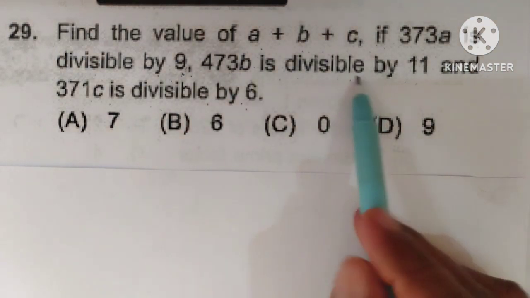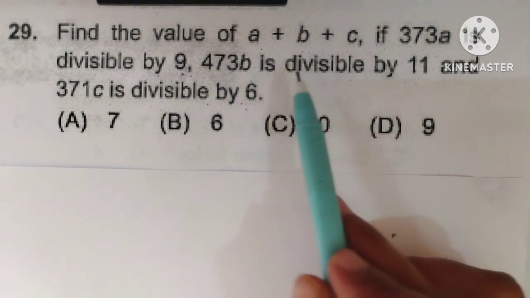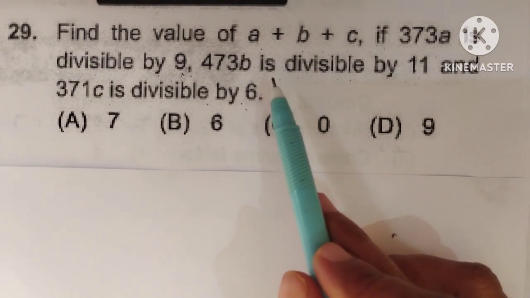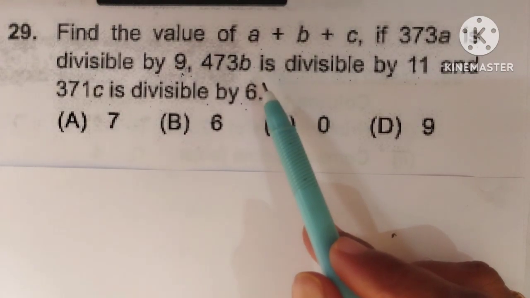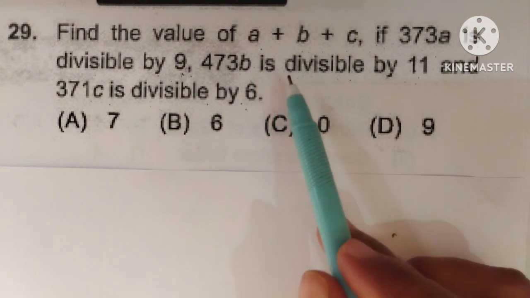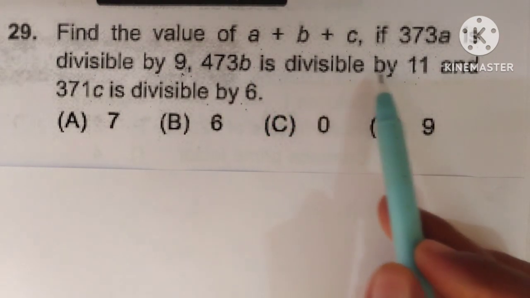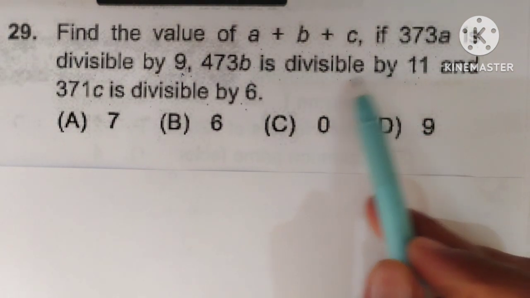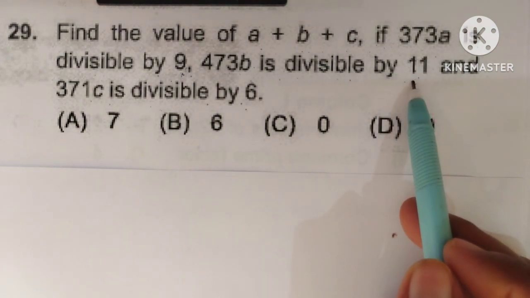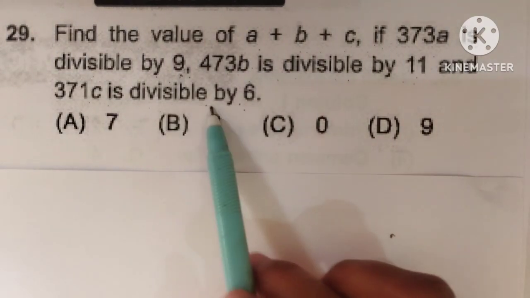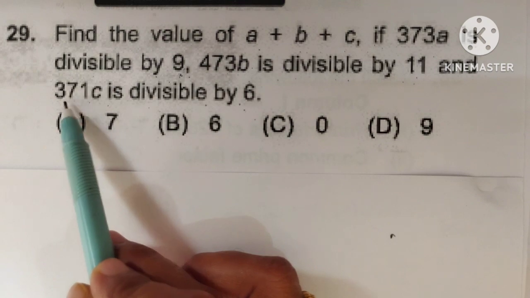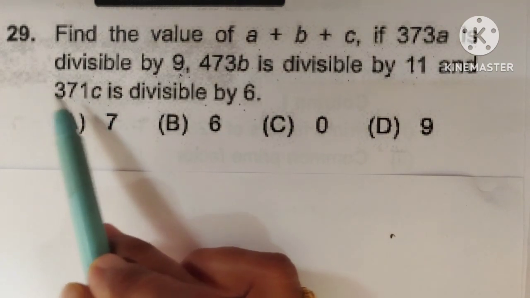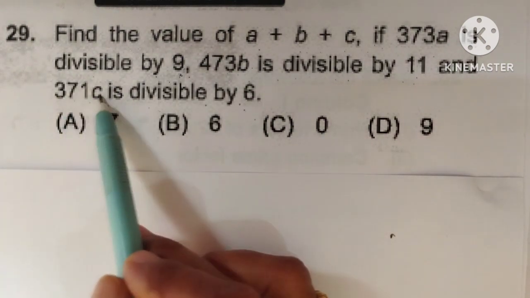According to the divisibility rule of 11, the difference between the sum of the even-place digits and the sum of the odd-place digits is equal to either 0 or 11, then the number is divisible by 11. According to the divisibility rule of 6, the number must be divisible by both 2 and 3.